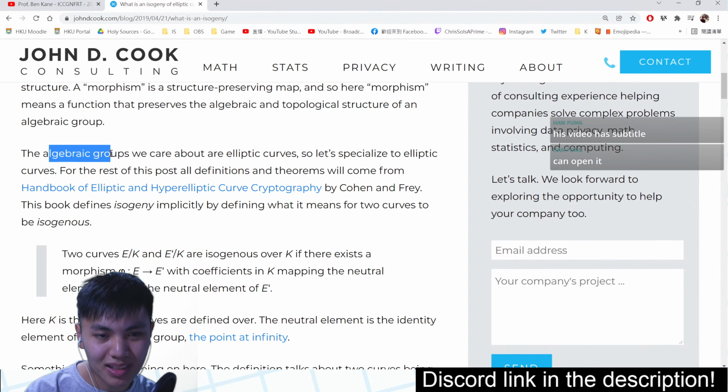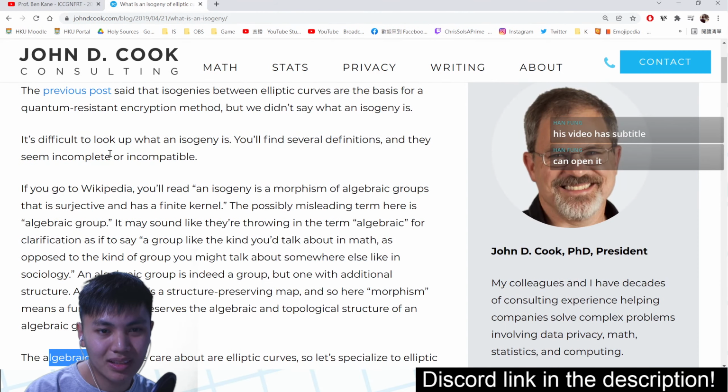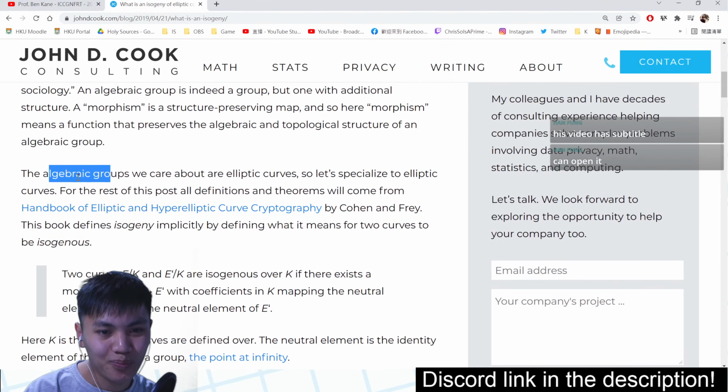唔係 isogeny of an elliptic curve，唔好意思講錯。In the algebraic group, we care about our elliptic curve. Elliptic curve 係一個 algebraic group。So let's specialize to elliptic curves.